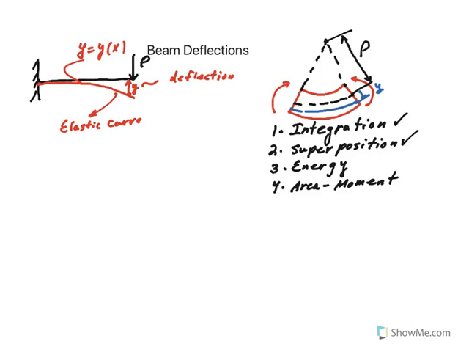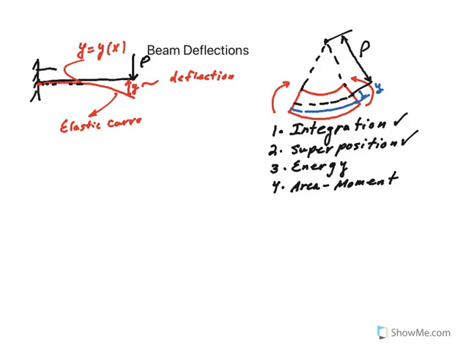Okay, so let me start. I have drawn here a simple cantilever beam with just a concentrated load acting at the end. And you see this beam is going to deflect as indicated in red here. The deflection curve is known as the elastic curve. And imagine if you had the equation of this curve, y, the deflection curve or elastic curve, as a function of x.